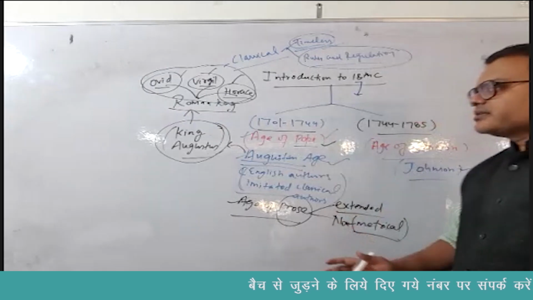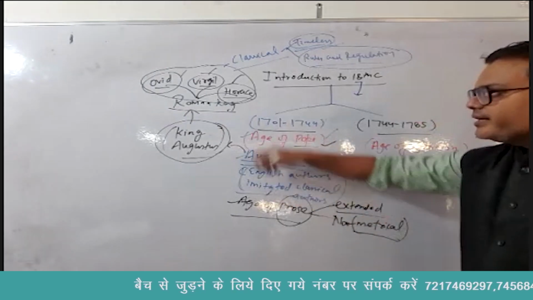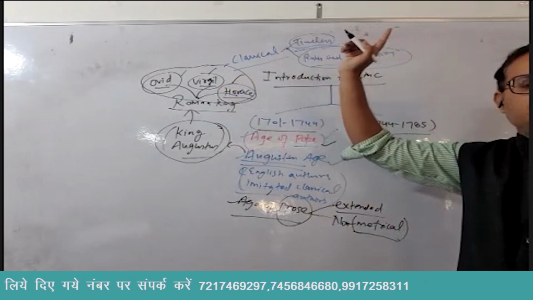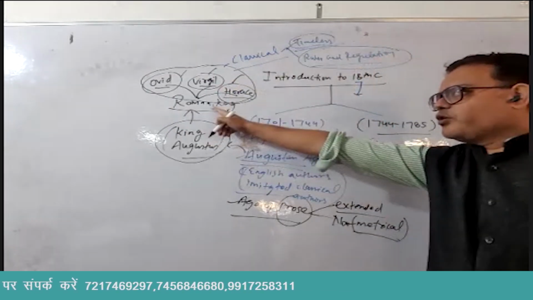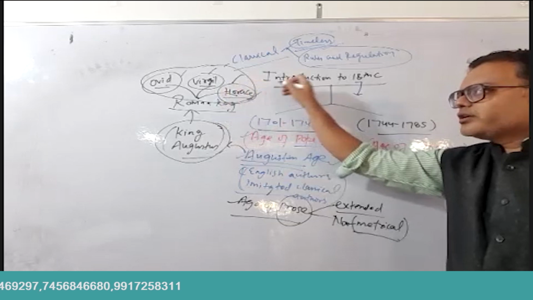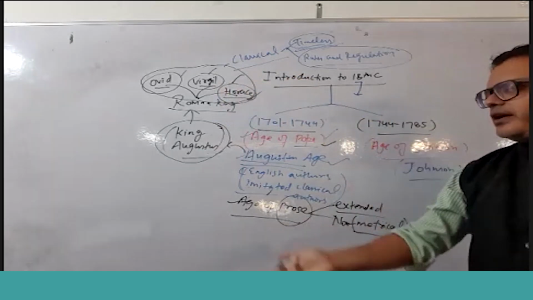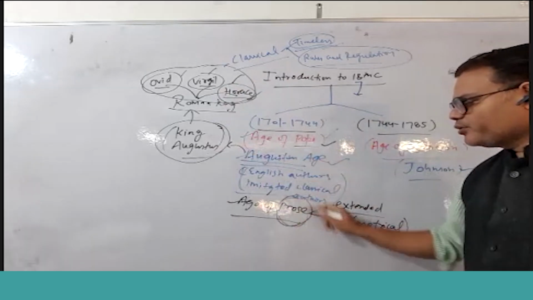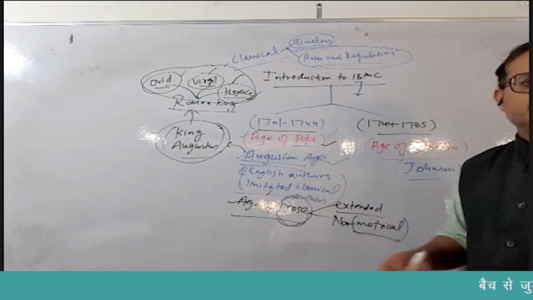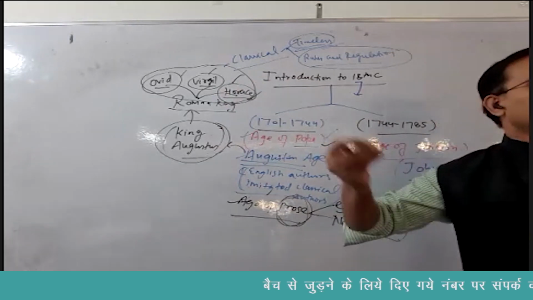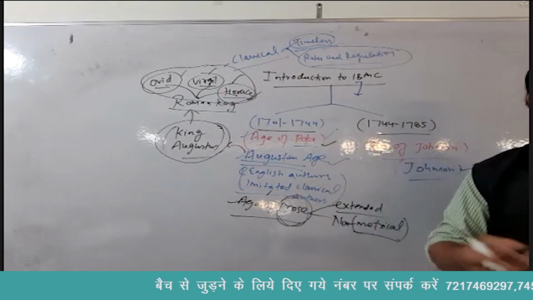The answer is because he was imitating the classical authors. Classical authors of Roman literature wrote their prose in meter. And that's why Pope was also writing his prose in meter. But the general definition of prose is that it has to be non-metrical. So please remember the question.